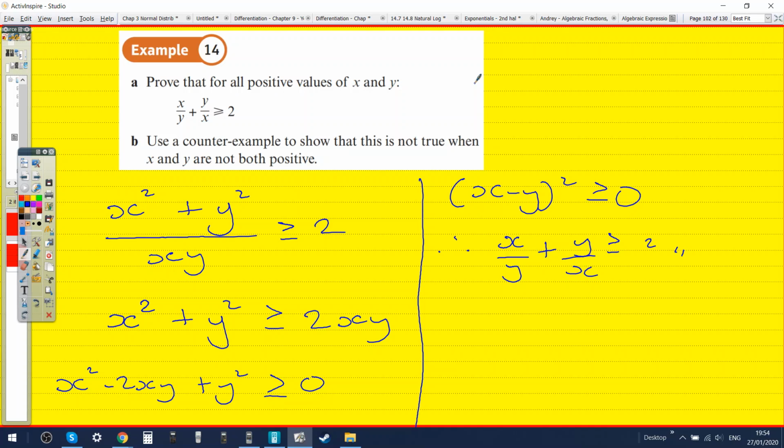Okay, so if I say x is equal to -2 and y is equal to -3, and then if I put in -2 over -3 plus -3 over -2, it's greater or equals to 2.